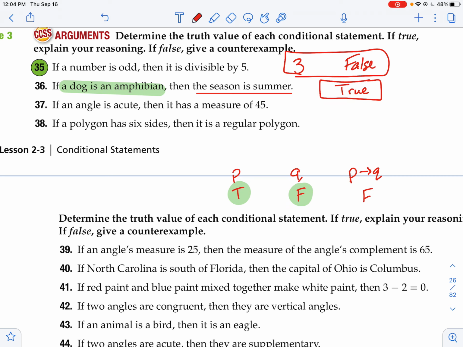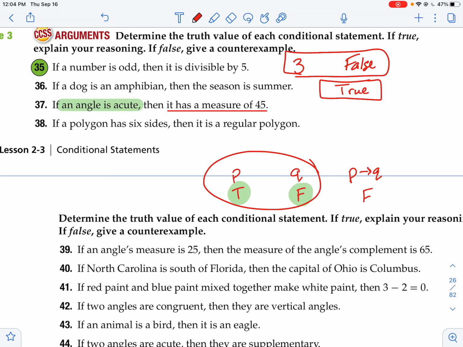Okay, if an angle is acute, can I have an acute angle? Yes, I can have an acute angle. So that works. Then it has a measure of 45 degrees. So my hypothesis is true. Is it possible to have an acute angle, a true hypothesis, with a conclusion that is false? So can I have an acute angle that is not exactly 45 degrees?